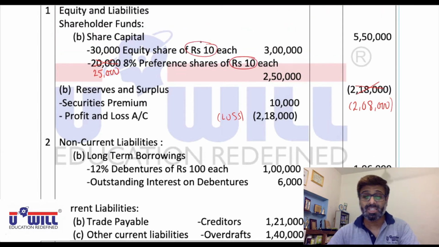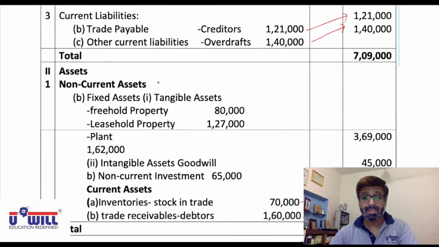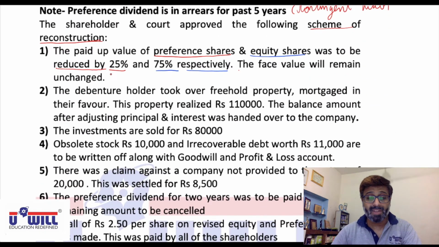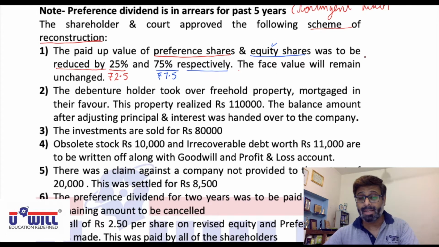So 10 into 25%, 2.5 rupees is what preference shareholders are sacrificing, and 10 into 75%, 7.5 rupees is what equity shareholders are sacrificing. Both will be transferred to capital reduction account. Whatever amount they are sacrificing will be credited to capital reduction account.